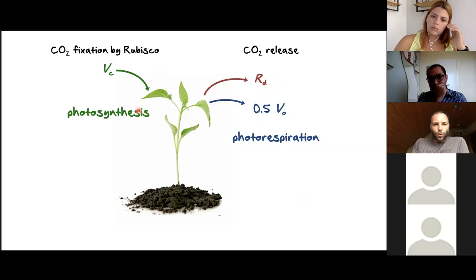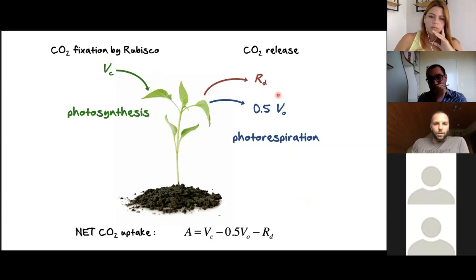So there are these two, CO2 uptake and CO2 release, happening at the same time. And the net CO2 uptake, the assimilation rate of the plant, we can therefore describe as the net assimilation rate A, the difference between the carbon taken up from carboxylation and the carbon released from photorespiration and respiration.